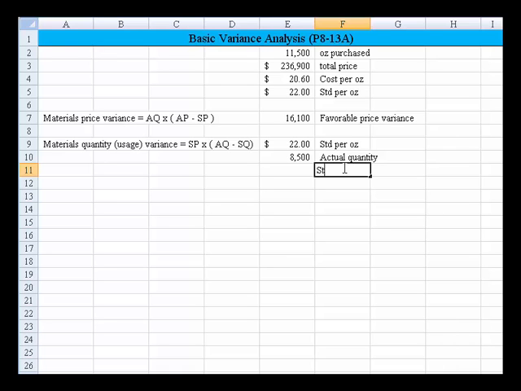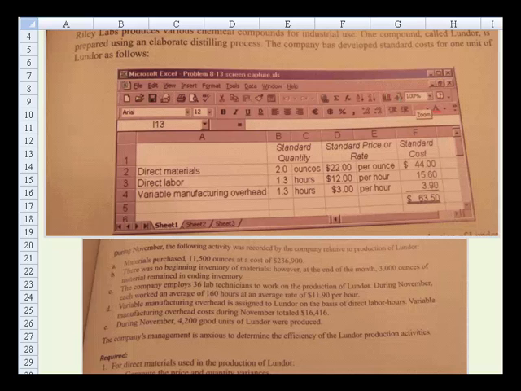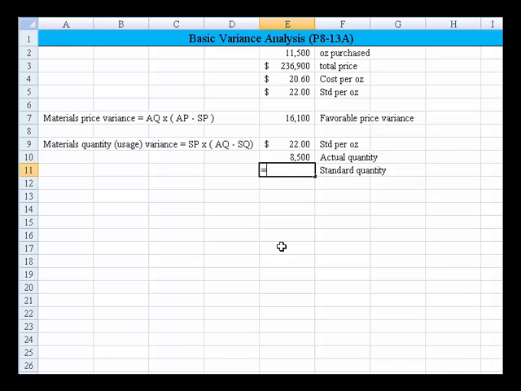Okay, then the standard quantity allowed for this amount is equal to 8,400 ounces, and how we know that is item E says during November 4,200 good units were produced, and in our standard we see the standard quantity is 2 ounces, so we take the 4,200 times 2 to come up with 8,400. So let's drop that in. 4,200 units produced times 2 ounces per unit is 8,400.